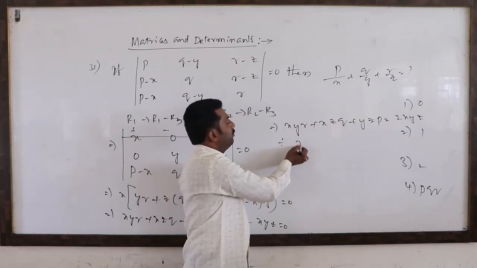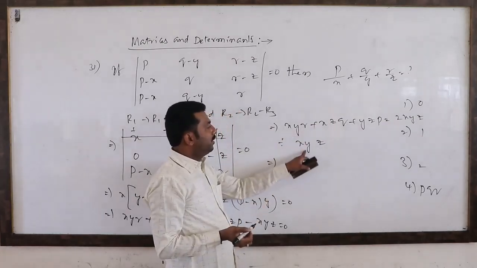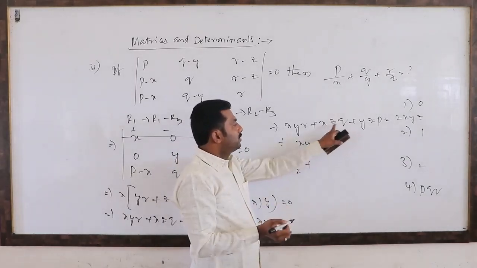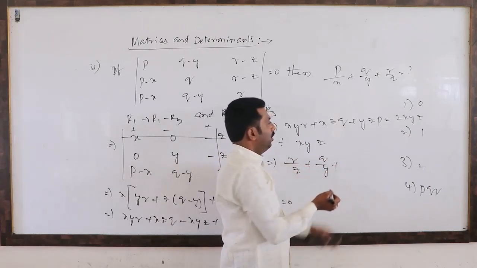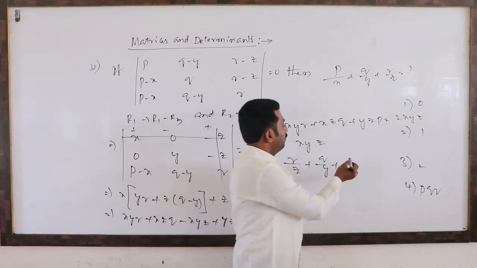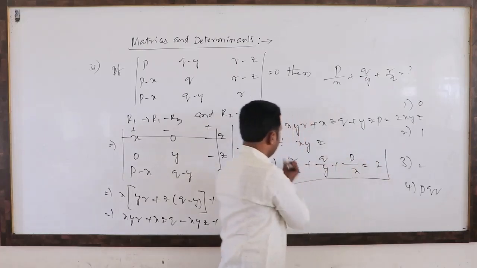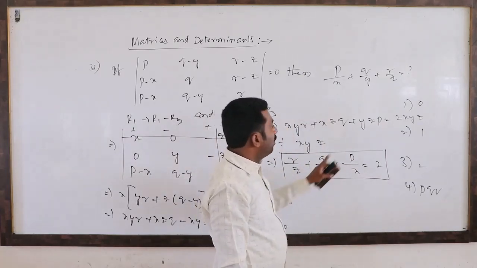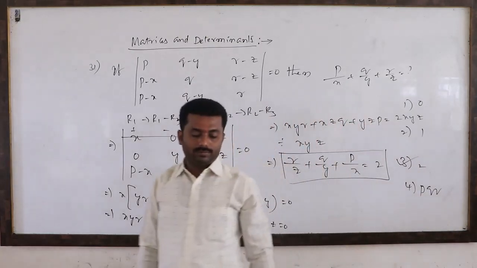So both sides divided by XYZ. See, XY cancel, R by Z. XZ cancel, Q by Y. YZ cancel, then P by X. XYZ cancel, 2. So see the options. P by X plus Q by Y plus R by Z equal to, what is the answer here? 2 will come.